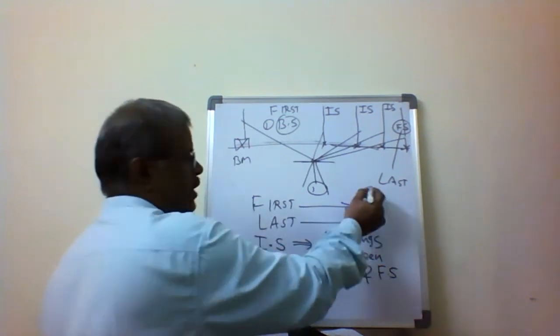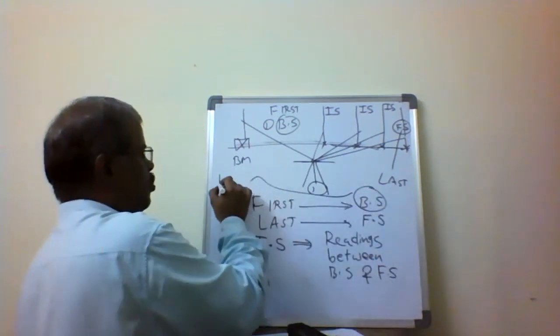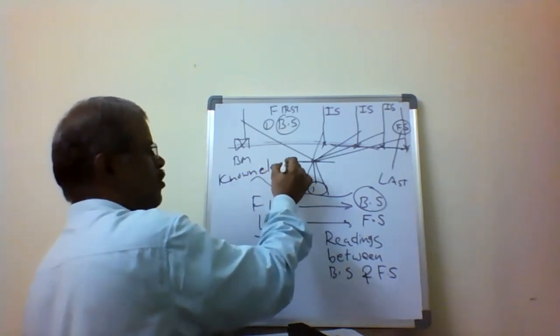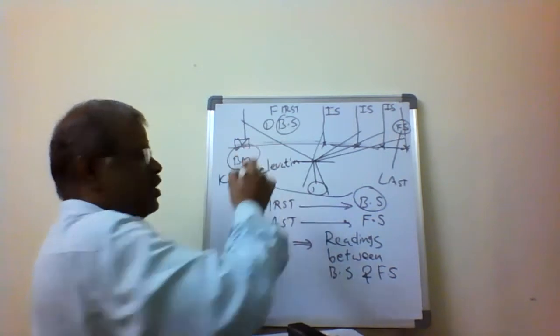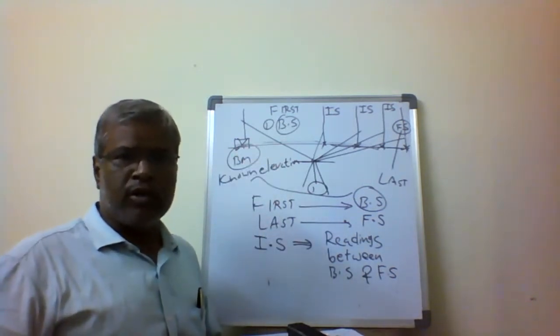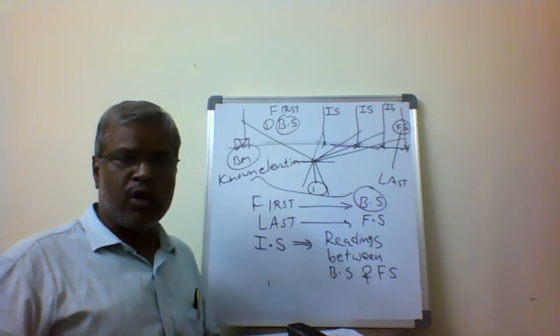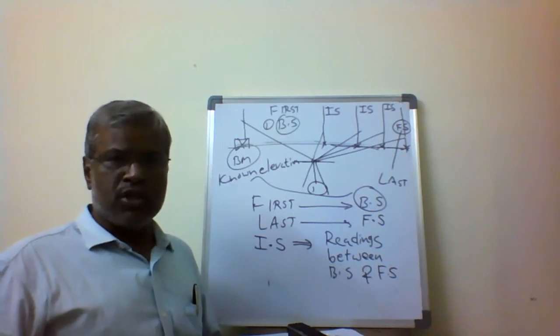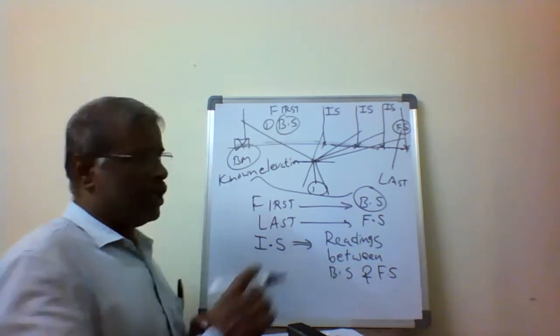So the first reading, backside, is always a known elevation, that is, a benchmark. The backside reading we always take as the first reading, and the first reading we always take on the known elevation, that is the benchmark. The last reading and the intermediate sight readings are all unknown elevations.